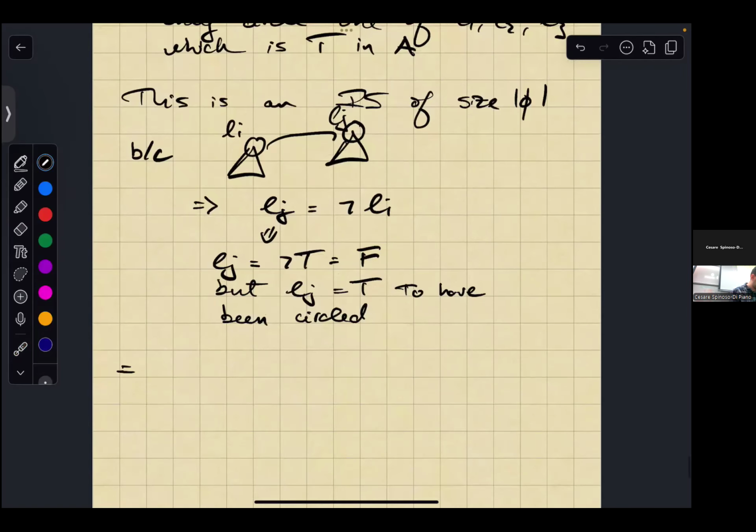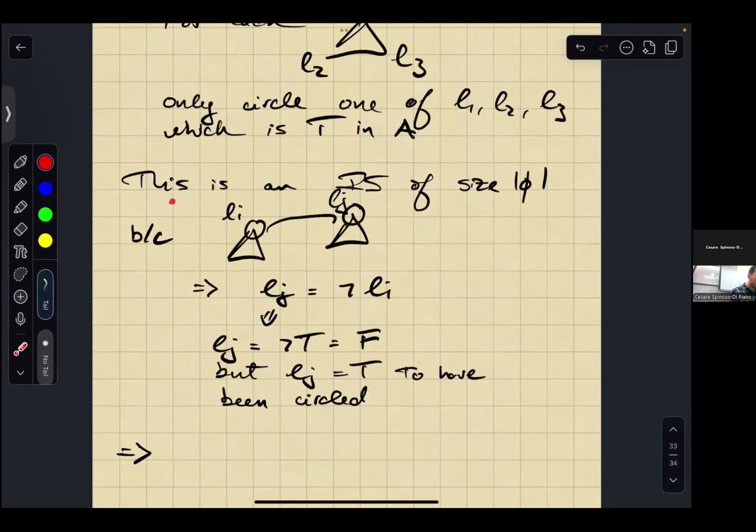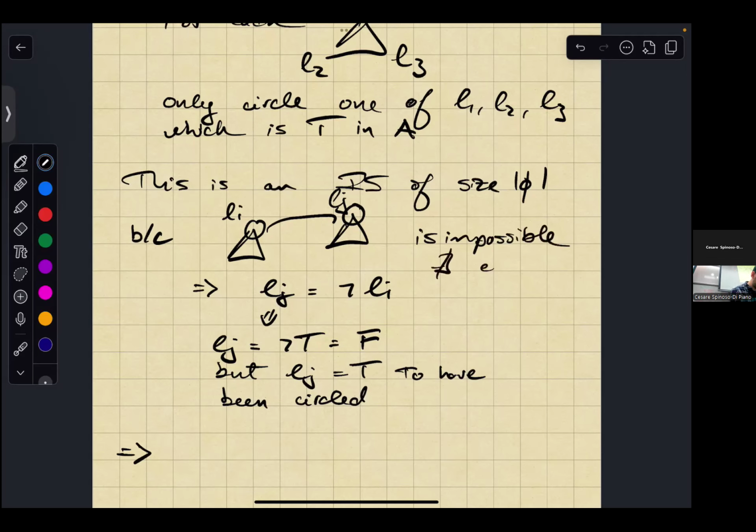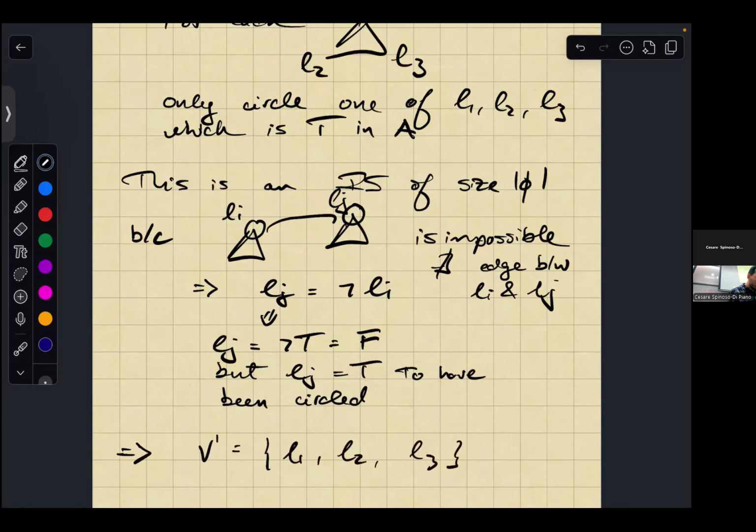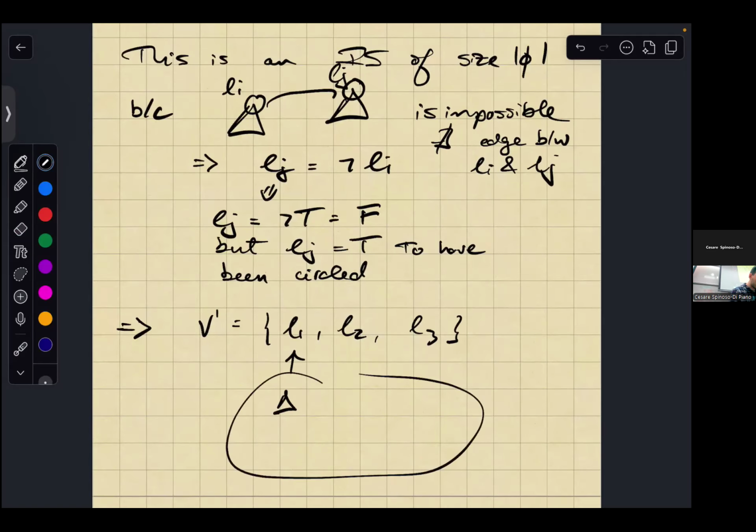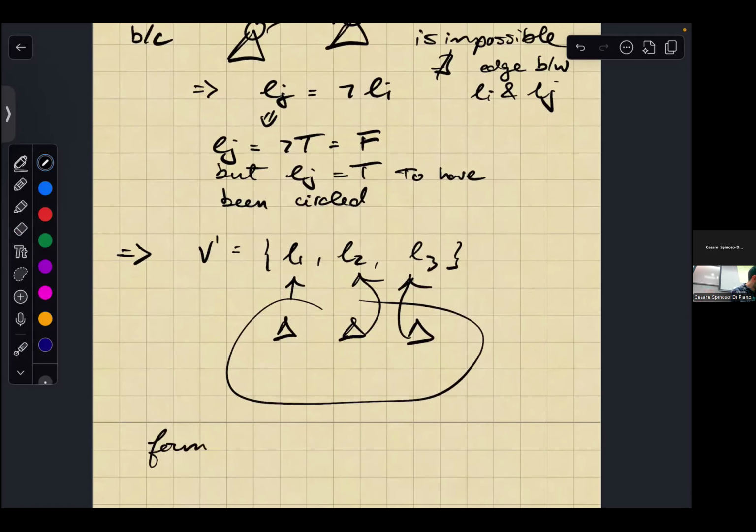So we do indeed have that this is an independent set because this is impossible. There's no edge between Li and Lj, which implies that the V prime, which is the different literals, so L1, L2, L3, each from different triangles, forms an independent set of size k.